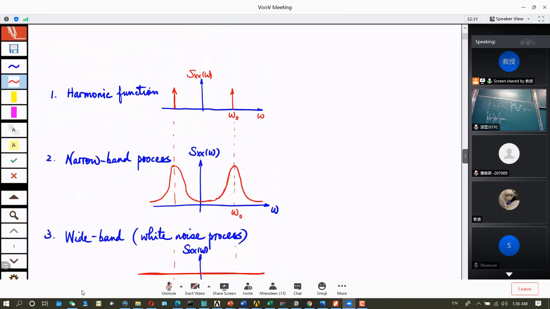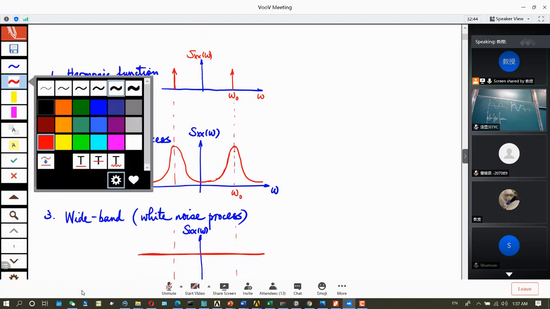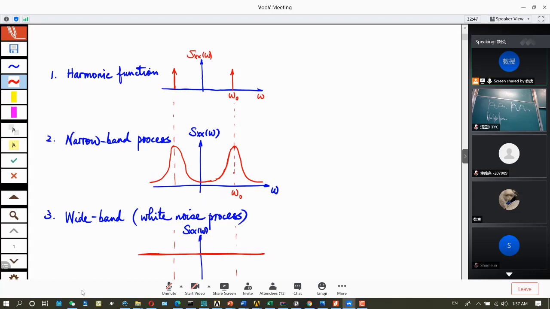Okay, so now the first one is very good. It's a harmonic function. It's a sine or cosine function. Now let's look at a narrow band process. For narrow band process, you can approximate it as having obviously a frequency component omega 0, another frequency close to omega 0, and a few more.